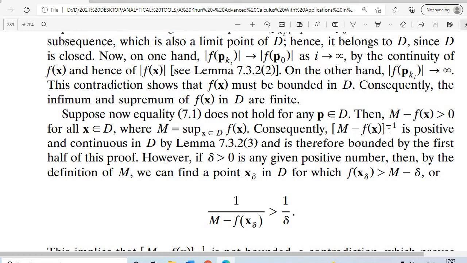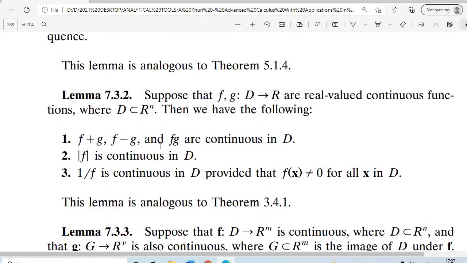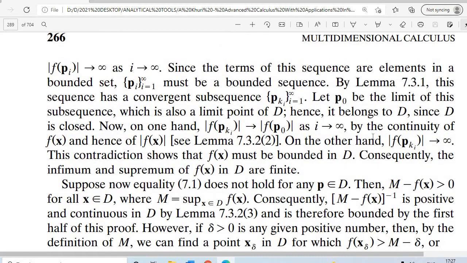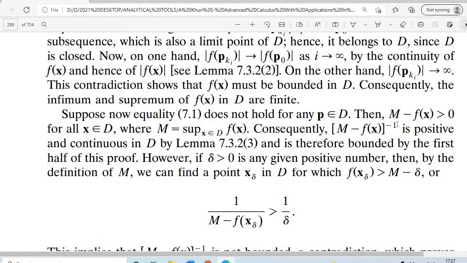Okay. നമ്മൾ ലെമ്മ ഈ ലെമ്മ അപ്ലൈ ചെയ്താൽ മതി. f plus g, f minus g, mod f, 1 by f. So 1 by f അത് ഉപയോഗിക്കുമ്പോൾ നമുക്ക് പറയാം, so m minus f of x raised to minus 1 is positive and continuous. Okay.